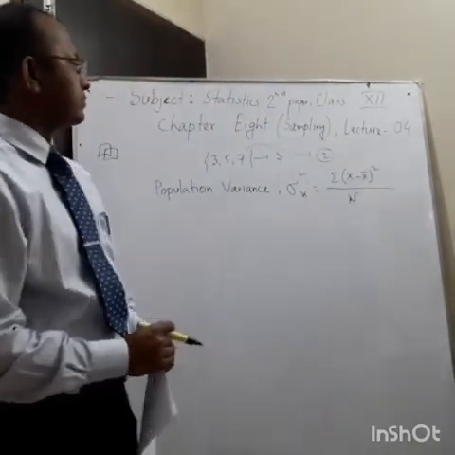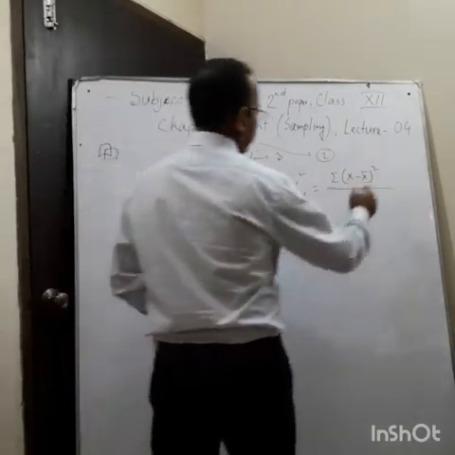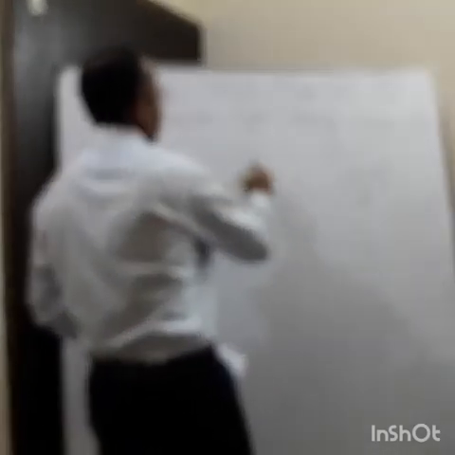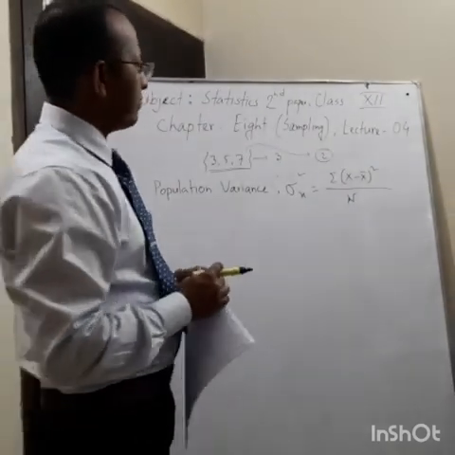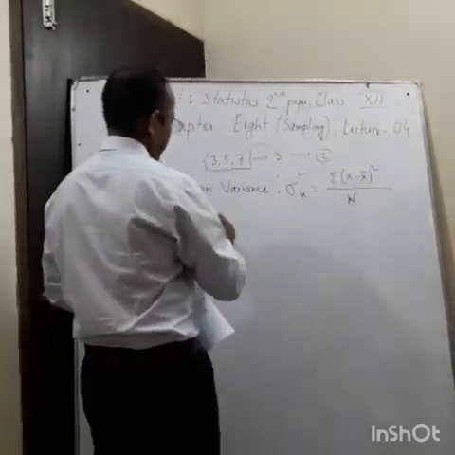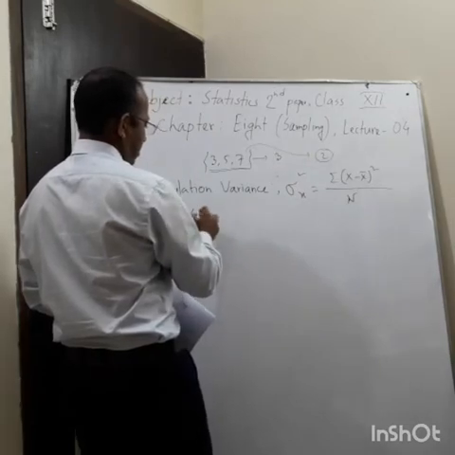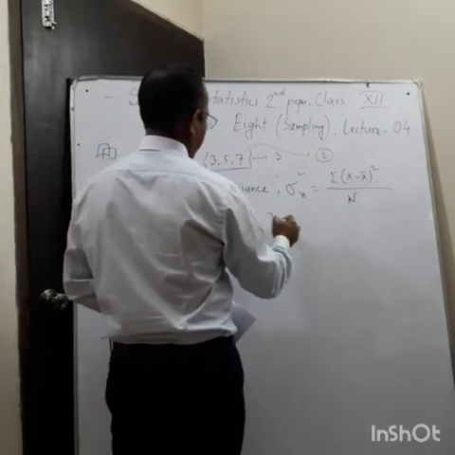Now, there are only 3 elements in this population, and here let x equal 3, 5, 7.